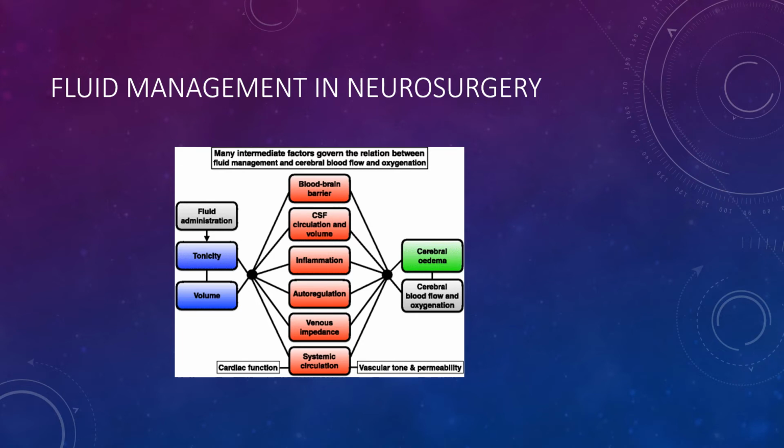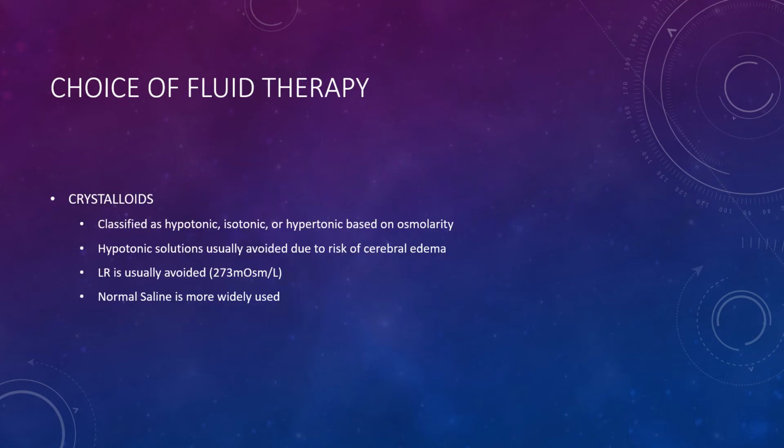So there's a lot of factors that are all interrelated here, which make optimal fluid management challenging. So with that being said, what is the optimal fluid therapy choice for use in neurosurgery?